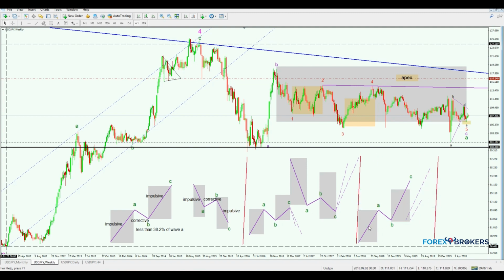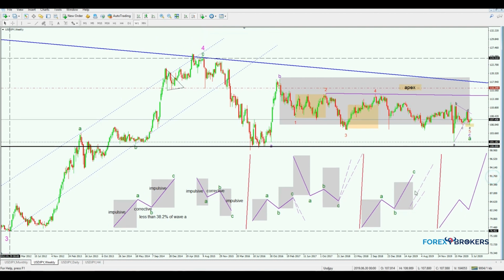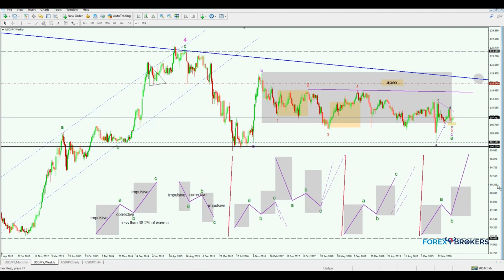It is a zigzag that is called an elongated zigzag that, of course, has the C wave much longer than wave A. Not only is it much longer, it must be more than 161.8 when compared with the length of wave A. As always, we should measure the length of wave A in time and project that time on the right side of the chart from the moment that the B wave ends.